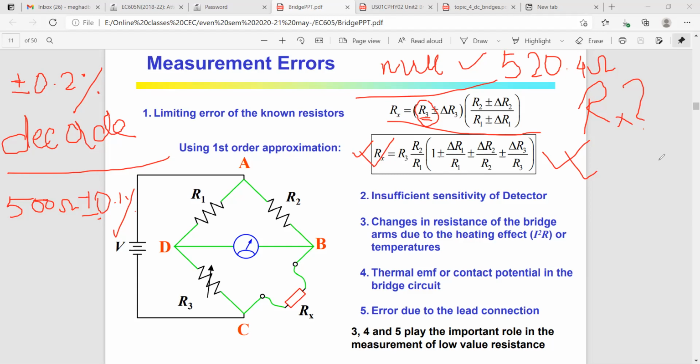You have to find the value of Rx. Tell me the value fast. Till now not done. Taking so much time. Done the problem?